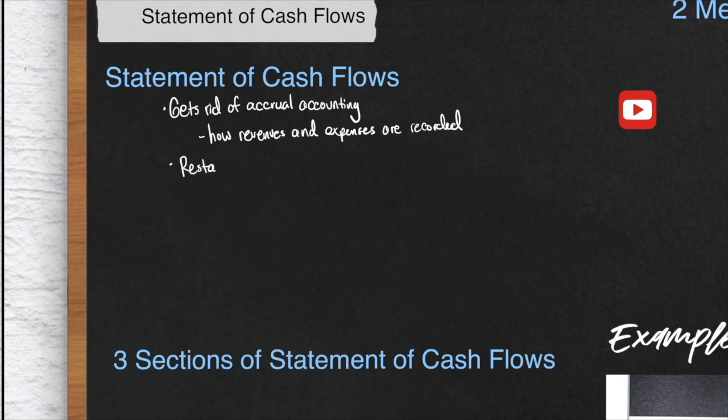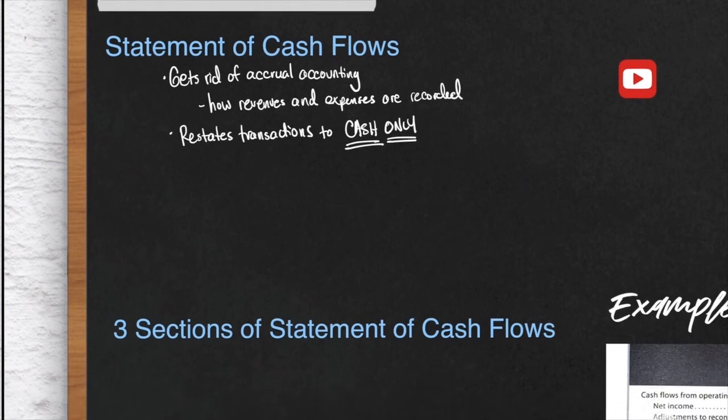In reality, it doesn't matter when we receive cash or pay cash out, and that's what accrual accounting is. Now, the statement of cash flows wants to get rid of this, in order to restate transactions to cash only, or just cash basis.